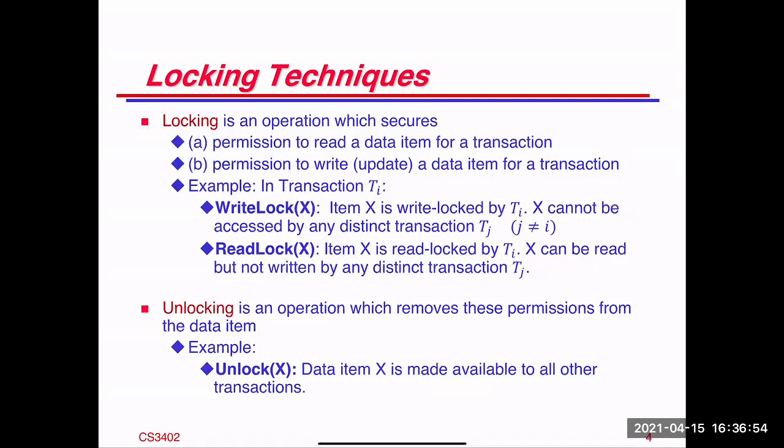That really depends on your schedule. For the purpose of our discussion, we're going to consider read lock, write lock and unlock to be atomic operations, so we just assume that they happen instantly.